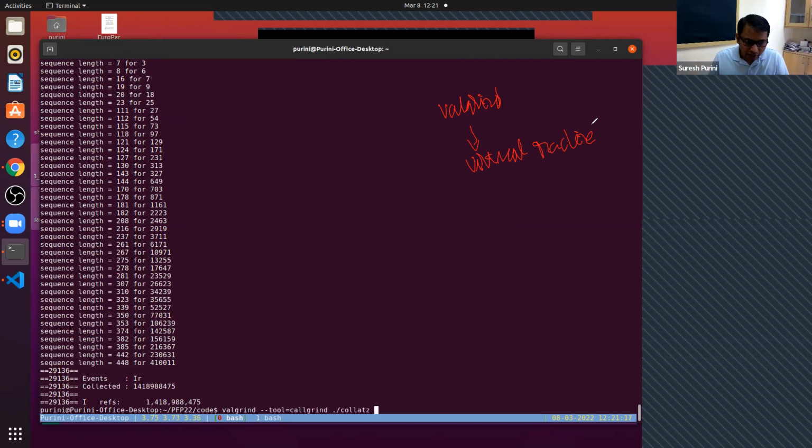In the CPRO course, we used the memcheck tool to analyze the memory profile of the program. But here we are using the callgrind tool. Later on, there is something called the cachegrind tool, which you can use to understand the memory behavior of the program: how many cache misses there are, how many cache hits there are, and all those things.